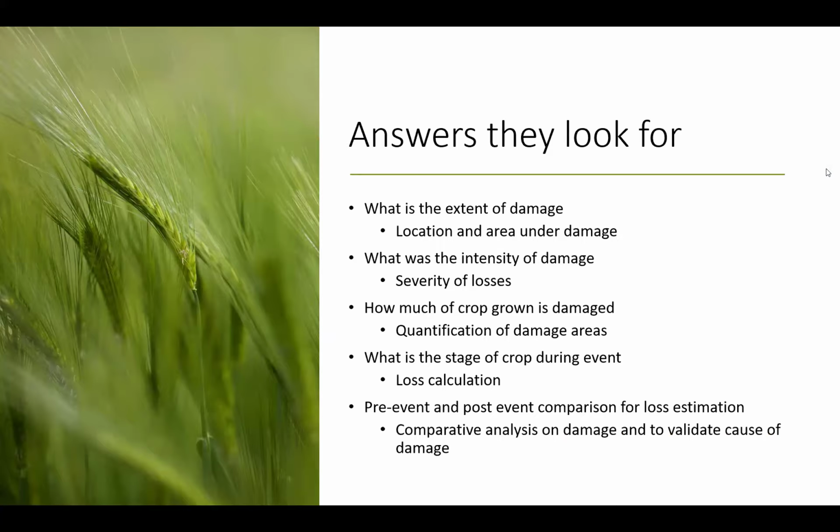Then the news spreads that the insurance companies will be giving benefits to the farmers. What usually happens is every farmer will go and say that my crop is damaged and I need a benefit. But instead of giving 100% benefits, the insurance company will lose all the money.